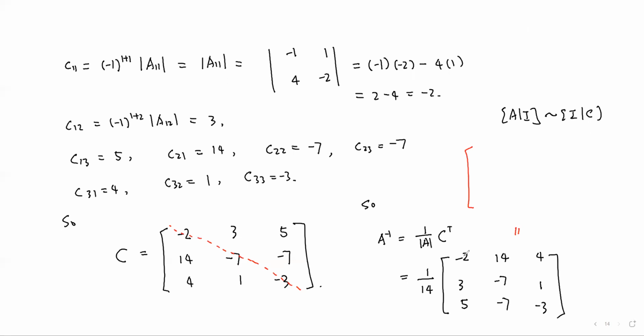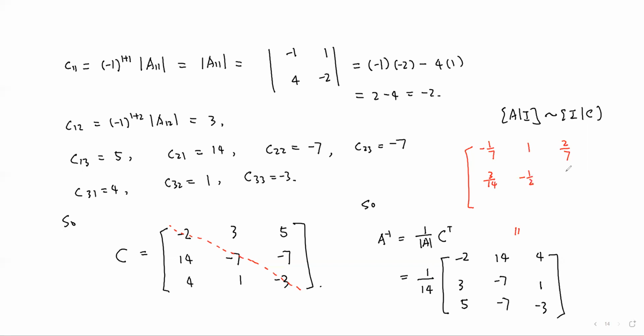1/14 multiply -2, -1/7. Then this number times 14, 1. This number times 4, 2/7. 3/14. This number times this, -1/2.